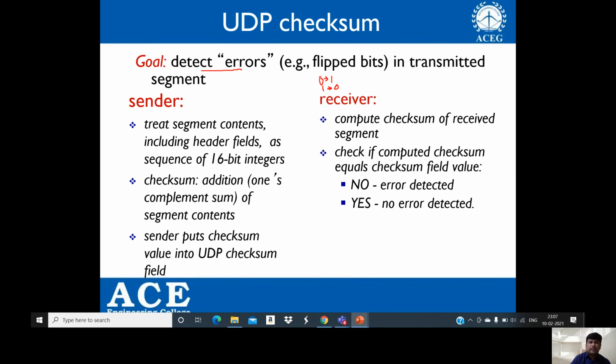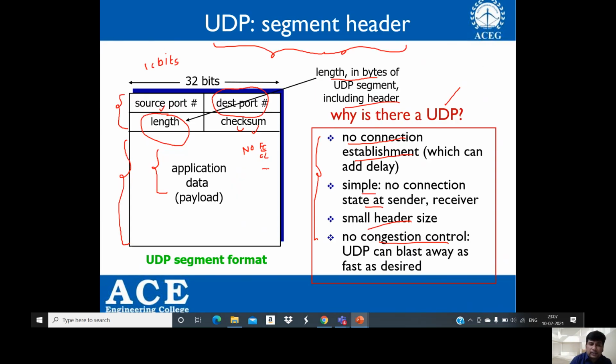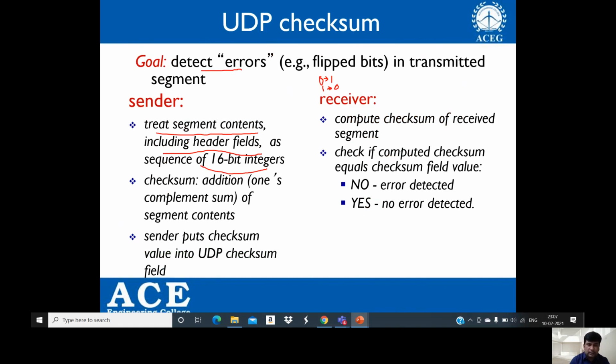Here, in our UDP segment, all the contents, including the header fields, are taken as a sequence of 16-bit integers. What this means is that all the contents will be expressed as 16-bit integers. Then to calculate the checksum of the contents, we do addition using the one's complement sum of the segment contents.